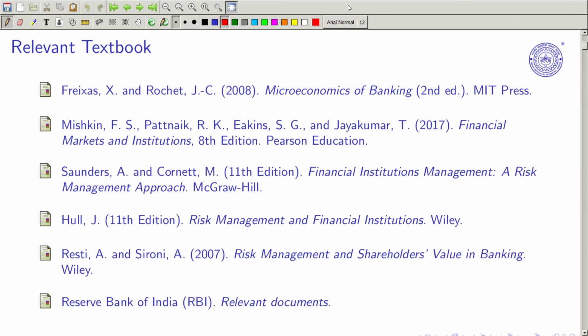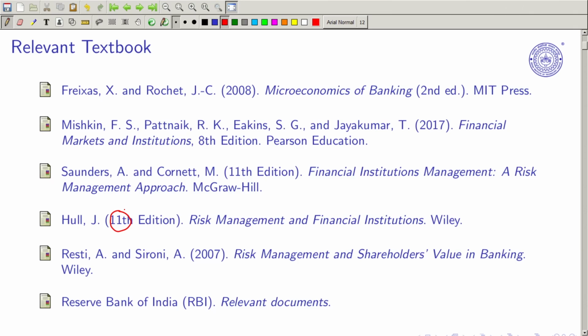Hull we have touched upon for some aspects related to risk, and the book Risk Management and Financial Institutions is important. Then here we have Resti and Sironi, 2007, Risk Management and Shareholders' Value in Banking. One caveat, I will have to correct the edition, because this looks like the book based on futures and options, but this particular book is based on risk management, so it is also a very good book to refer.